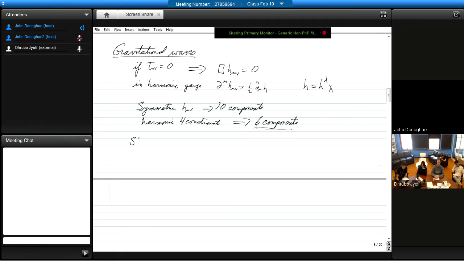So there's still another freedom in empty space. Okay, so let's see what the condition is. This isn't obvious, but here's how to show that you can do it. If you do a further gauge transformation, I want to stay in a harmonic gauge, so it has to satisfy the harmonic gauge condition.